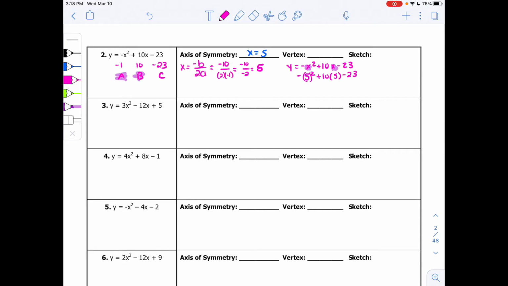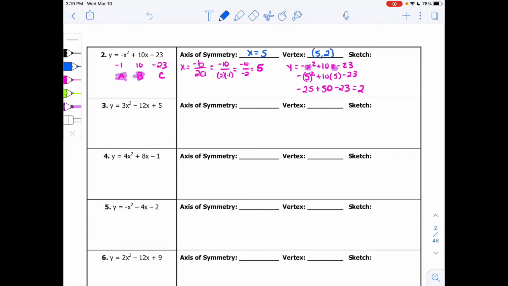Make sure when you do negative 5 squared, we replaced x with 5, so that's why just the 5 is in parentheses. 5 squared is 25, but we have that negative, so it's negative 25, plus 50, 10 times 5, minus 23. We can put this in our calculator: negative 25 plus 50 minus 23 equals positive 2. So we know our vertex is the point 5, 2.